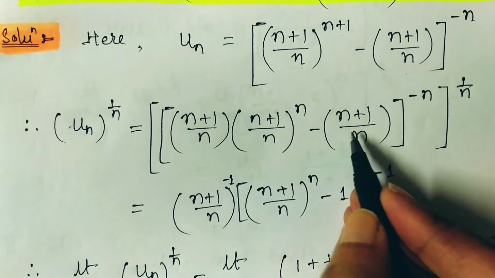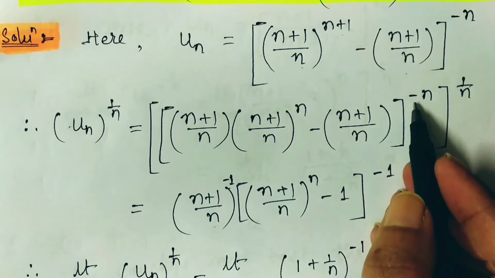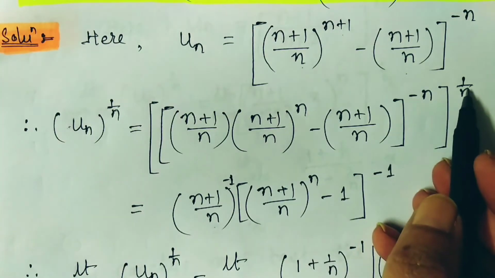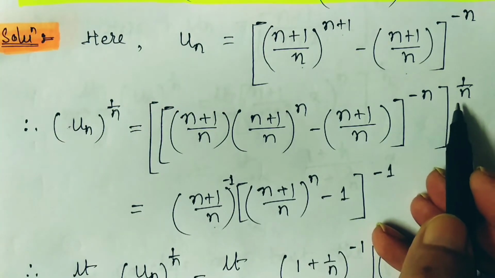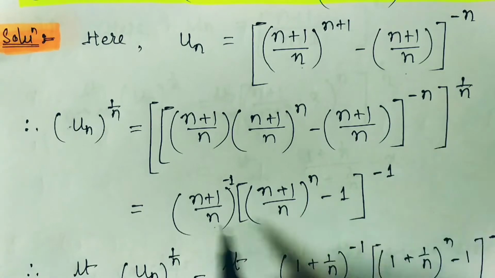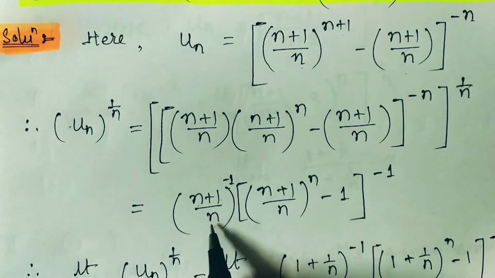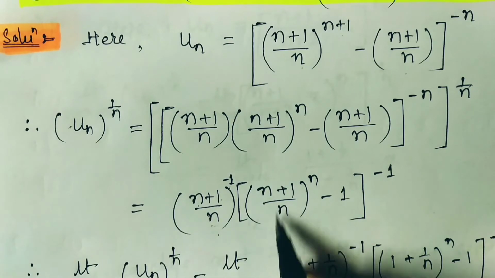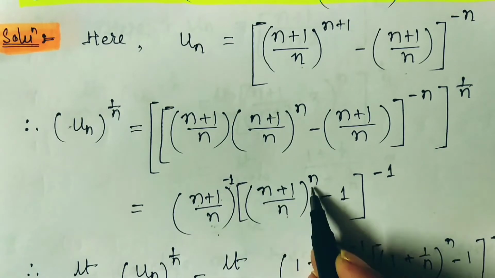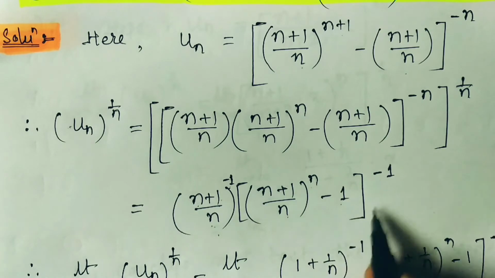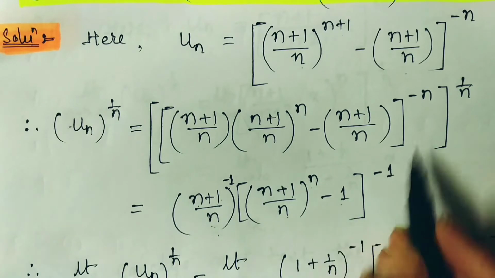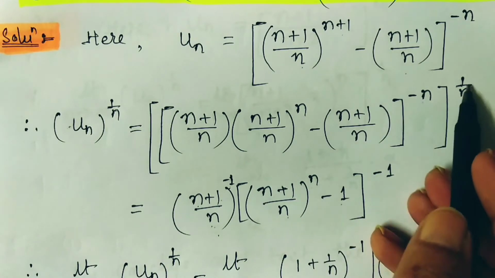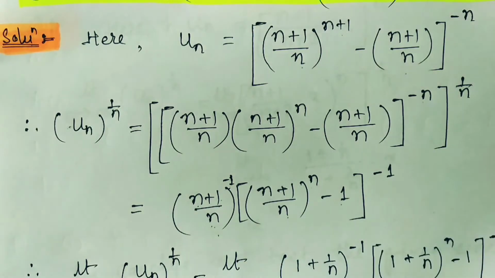So if we take it common, its power is minus of n, and outside it is 1 upon n. So finally it remains minus of 1. That's why n plus 1 divided by n to the power minus 1 is common. Now the remaining term is n plus 1 by n to the power n, minus of 1. Then the whole entire power is minus 1, because here it is minus n and here it is 1 upon n. So it is finally minus 1.